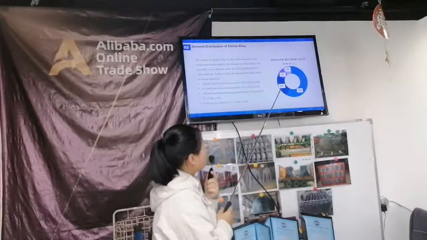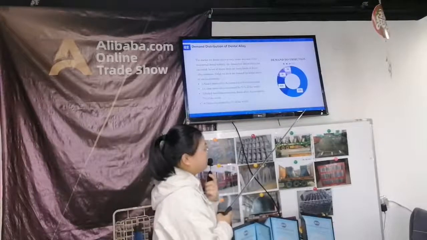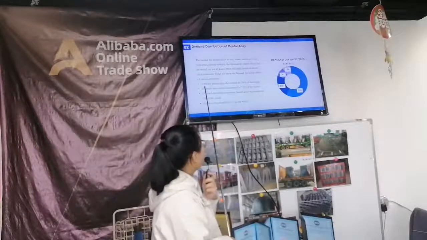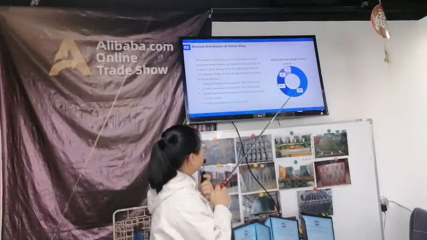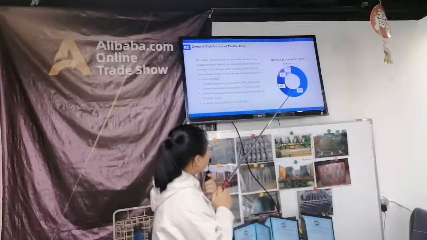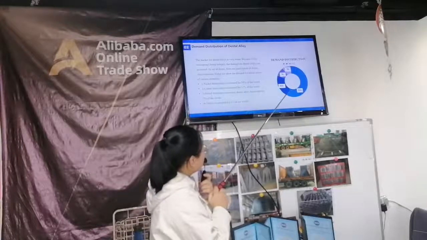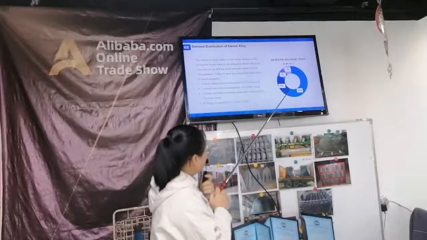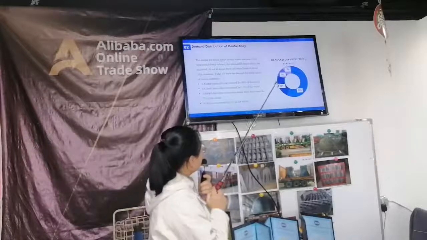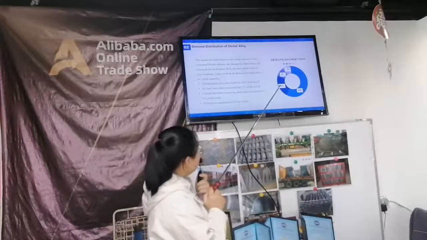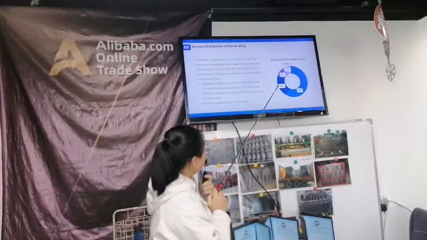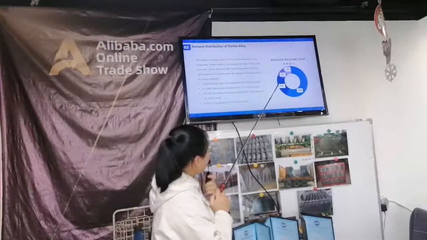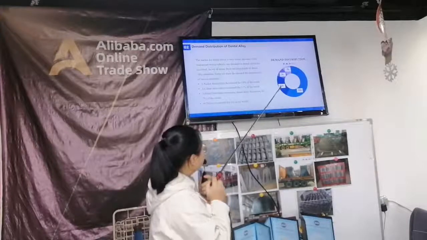This photo is demand distribution. First one is nickel dental alloy, accounted for 59% of the world. The second one is cobalt dental alloy, accounted for 31% of the world.